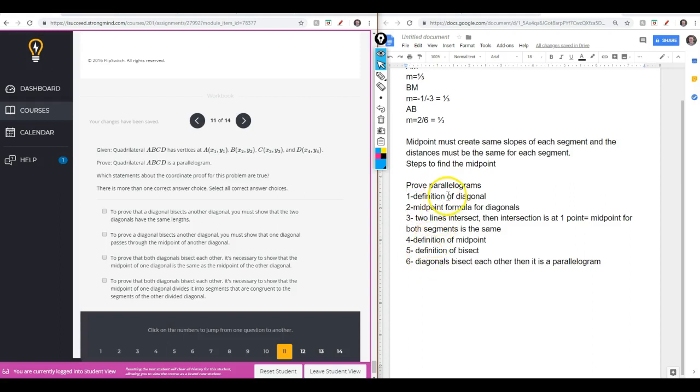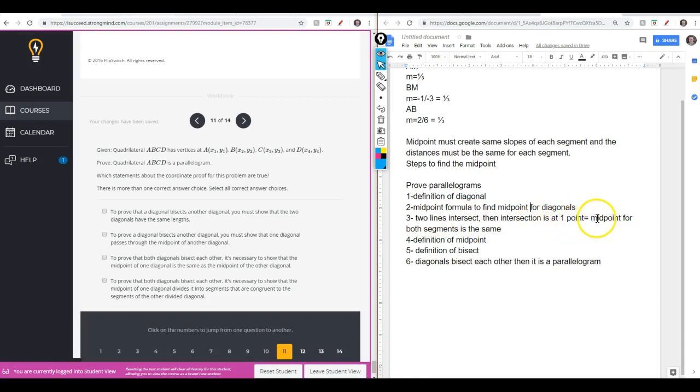We had the definition of a diagonal. They used the midpoint formula to find the midpoint for the diagonals, so I could include that to find the midpoint for diagonals. And then they used that if two lines intersect, then the intersection is at one point.